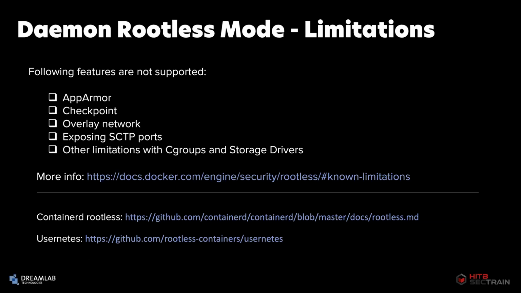So if you are using a cloud provider with Kubernetes, cloud providers will migrate. One of the next versions of Kubernetes will no longer support Docker, and they will migrate to containerd as the container runtime.